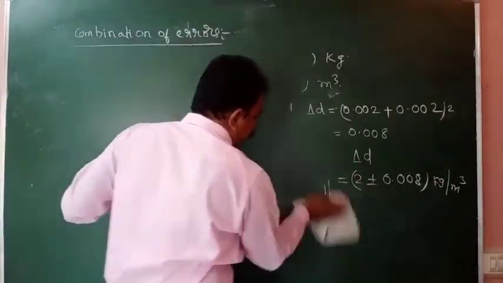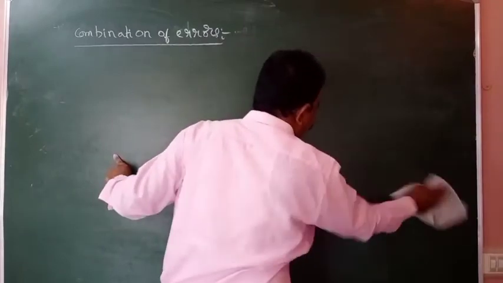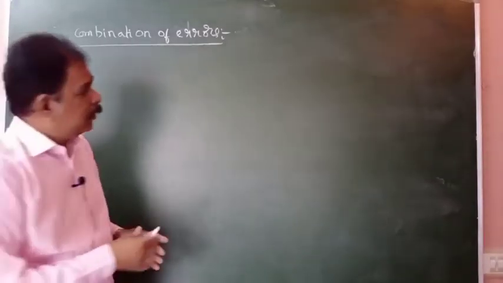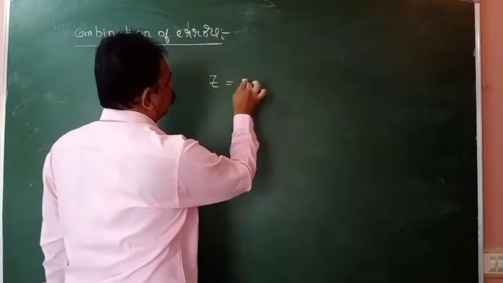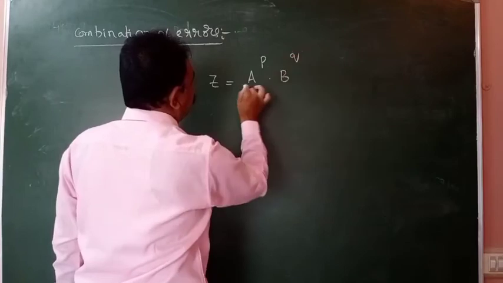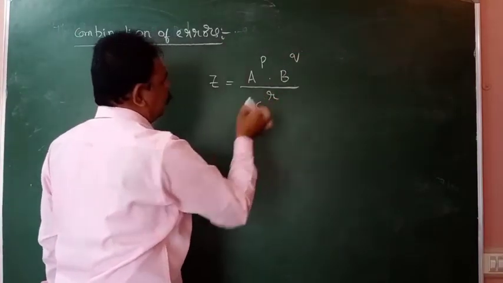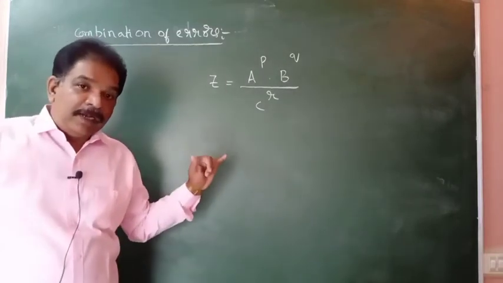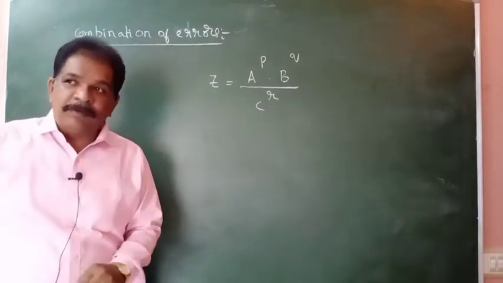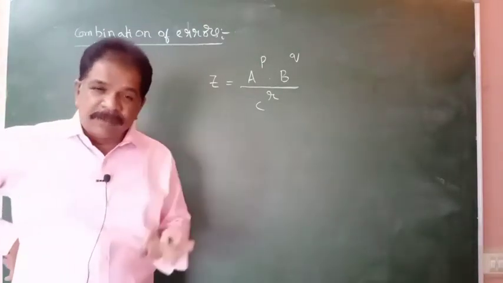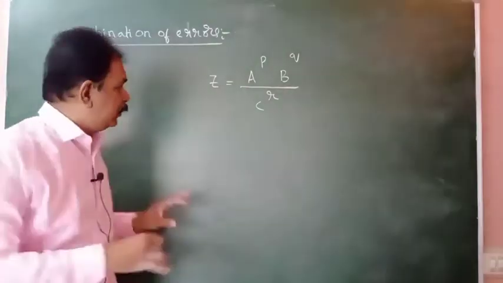Next, if powers are there, for example, Z is equal to A power P, B power Q, C power R. Find the relative error in the measurement of Z, percentage error in the measurement of Z. Like that questions will be there.